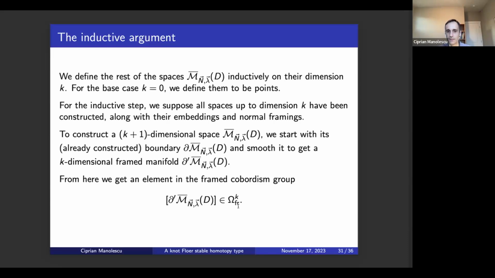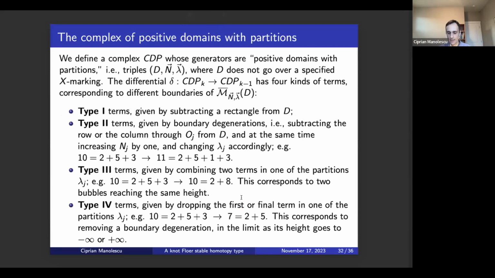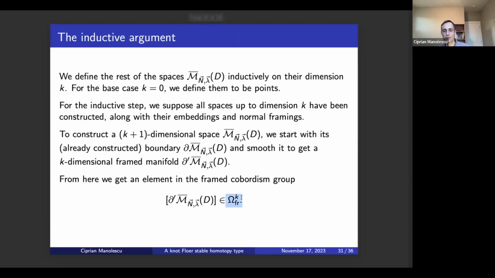It gives you an element in the frame cobordism group, which is the stable homotopy groups of spheres. Okay, so now I just want to fill it in to get my new space. So if this element was 0, I would be in business. Of course, it's not 0 in general. But basically, I'm going to construct an obstruction for the existence of such things. And the obstruction would live in a complex, and I will show that the complex is acyclic.